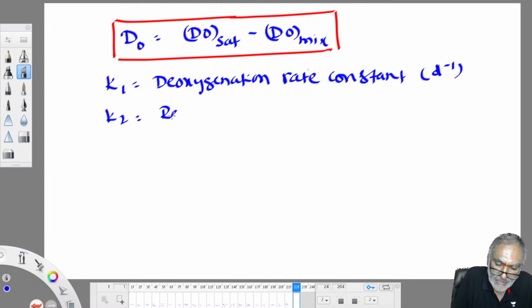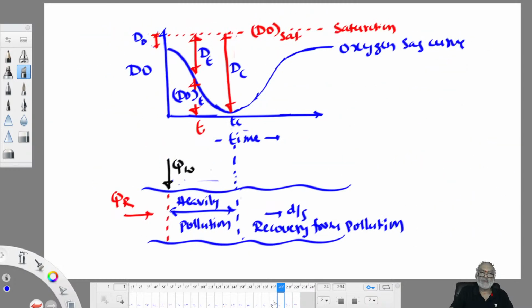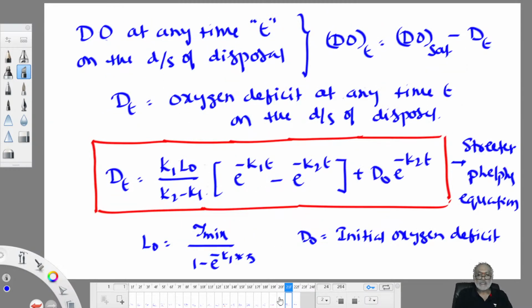K2 is the reoxygenation rate constant: at what rate oxygen is depleted, at what rate it is refilled. This is also expressed in per day. K1 and K2 are constants. If you substitute, you can find the deficit at any time, and if you know the deficit at any time, you can find Y at any time. These equations are called Streeter-Phelps equations.